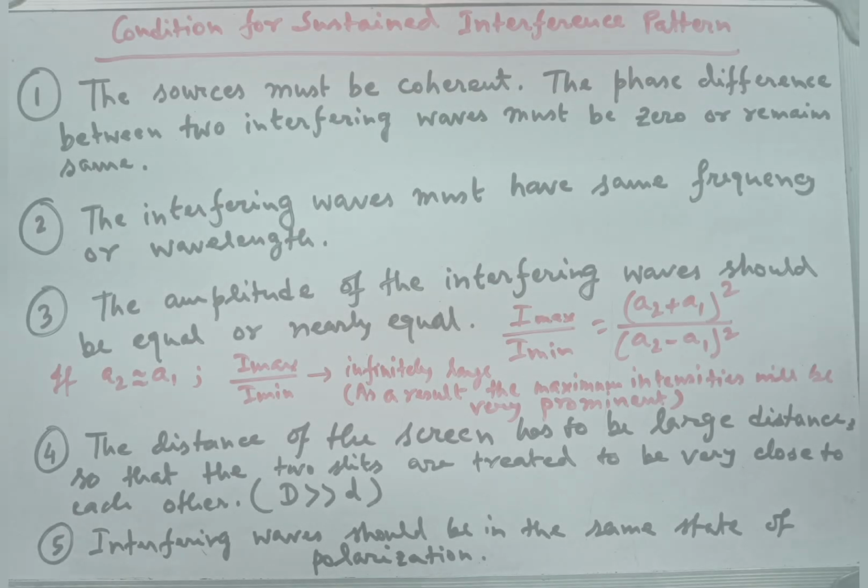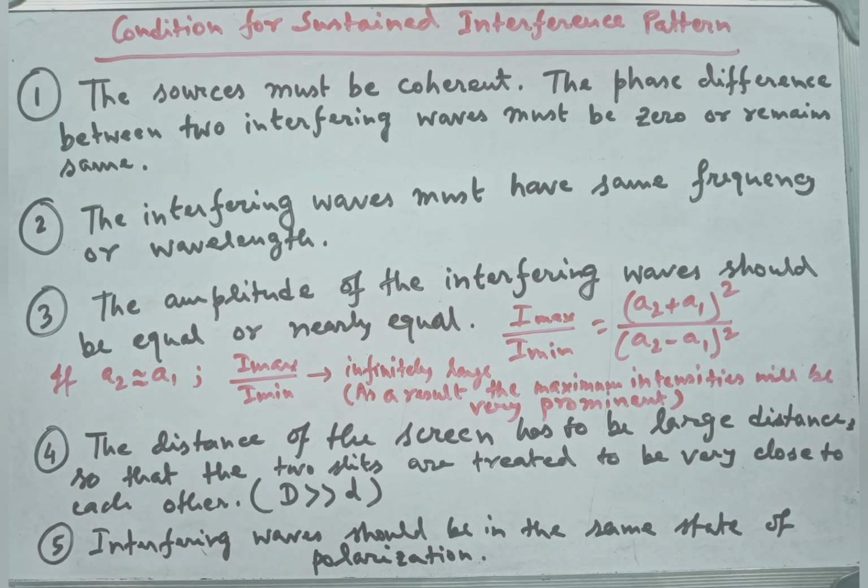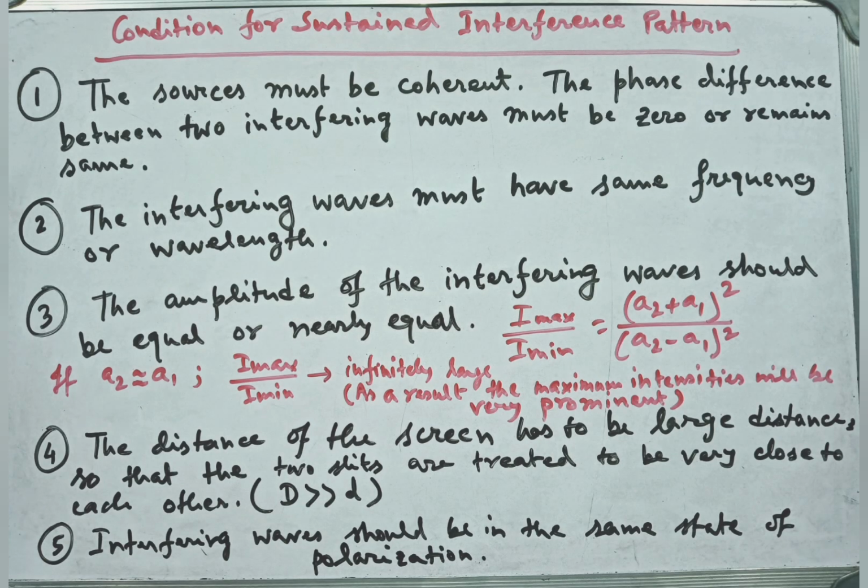Now, to get a sustained interference pattern, that means a prominent interference pattern, we require these conditions. The first point is the sources must be coherent. That means the waves which are coming out from the sources have to be coherent. Now, coherent waves means the phase difference between the two or many interfering waves must be zero or remain the same throughout time and space.